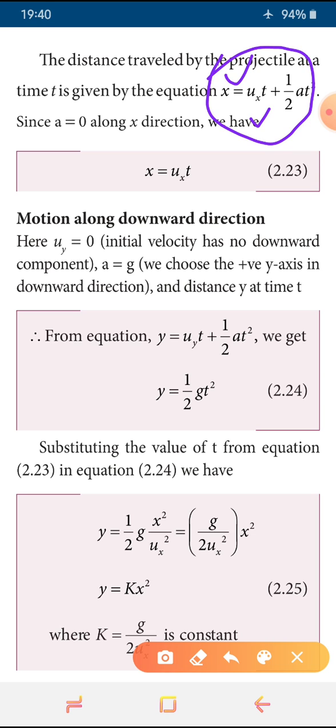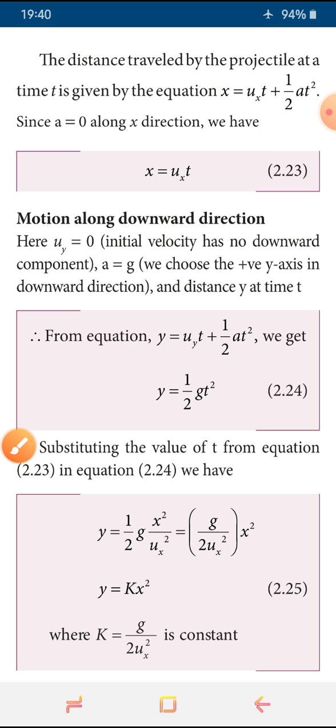Since the acceleration is 0 in the horizontal, a is equal to 0, then half at square becomes 0. Then the equation we can write as x is equal to uxt. This is equation number 2.23.